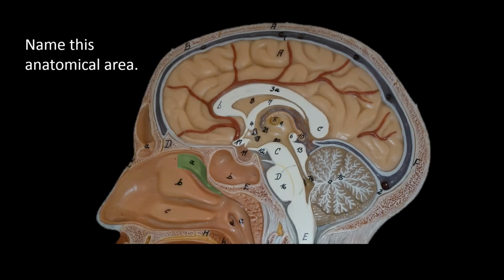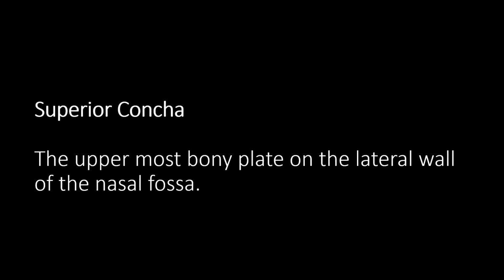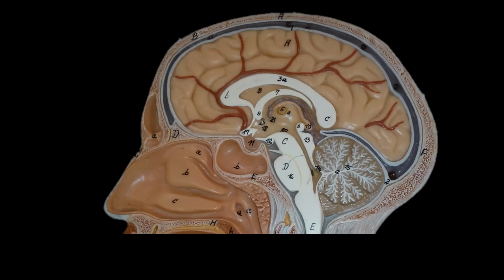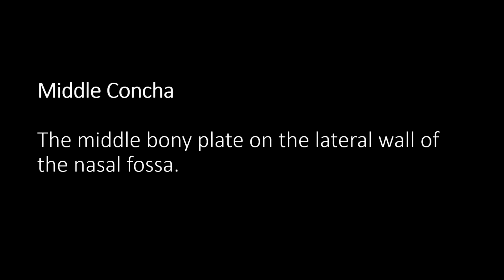Name this anatomical area. Superior concha. The uppermost bony plate on the lateral wall of the nasal fossa. Name this anatomical area. Middle concha. The middle bony plate on the lateral wall of the nasal fossa.